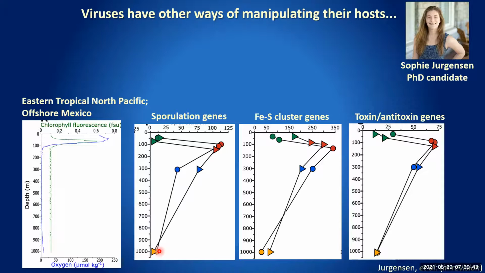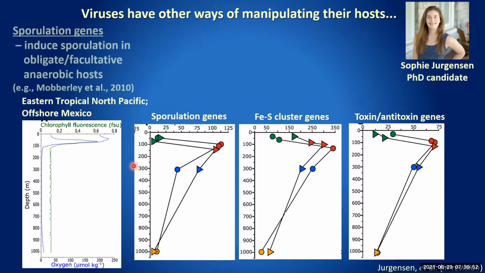So I told Sophie, go start reading. Why would viruses require these genes within an oxygen minimum zone? So she starts reading and she finds that these sporulation genes have been found in viruses to induce sporulation in their facultative or obligate anaerobic hosts.